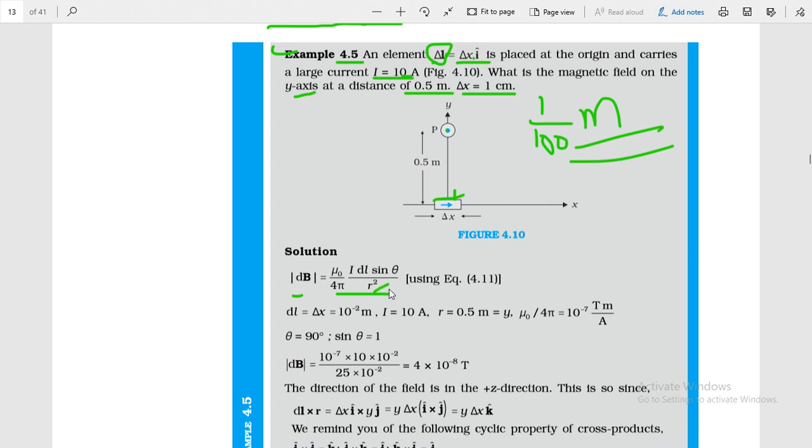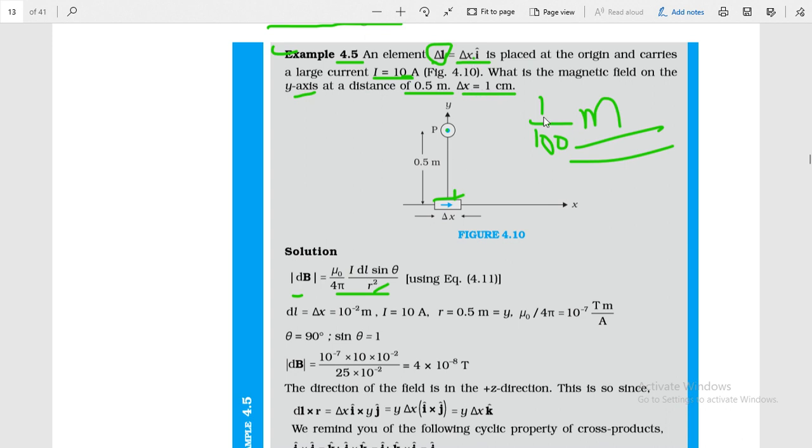Now let's check whether the values of all these are given. The value of mu naught upon 4 pi we already know, it is 10 to the power minus 7 in MKS unit. Then the value of I, 10 ampere, is given. Then the value of dl is also given.